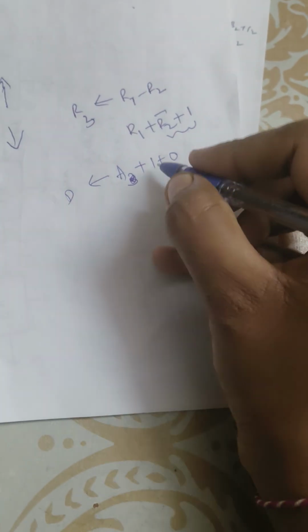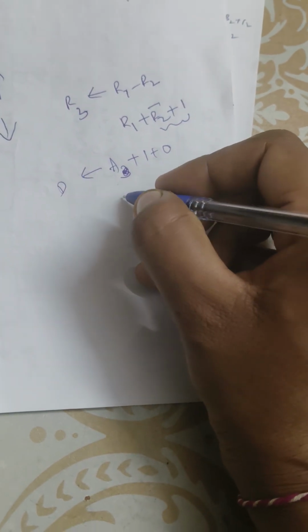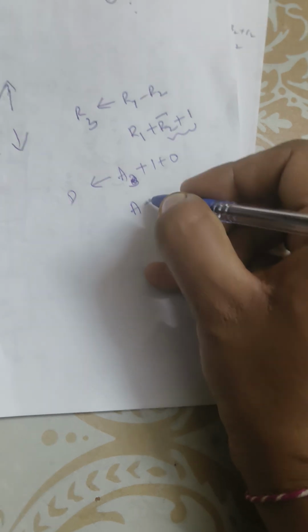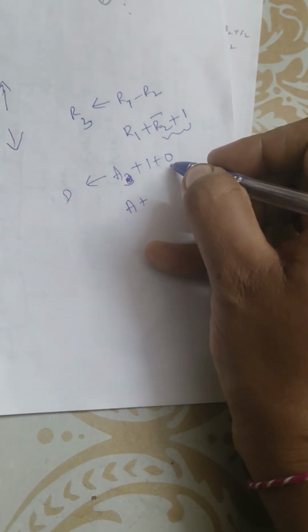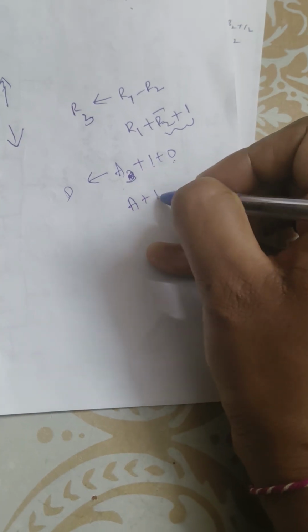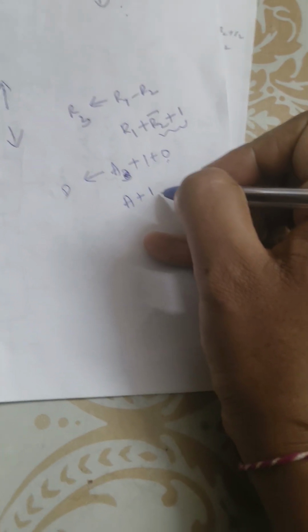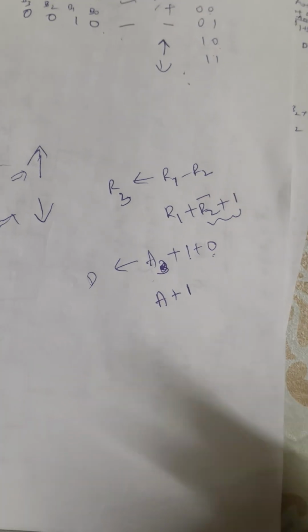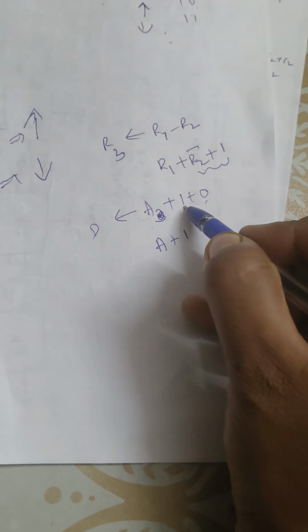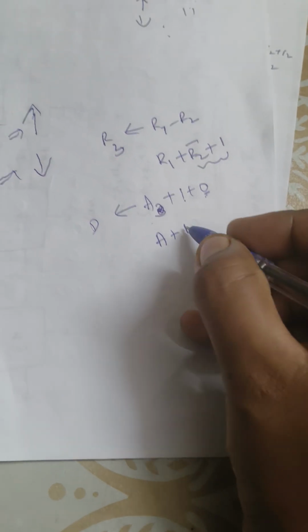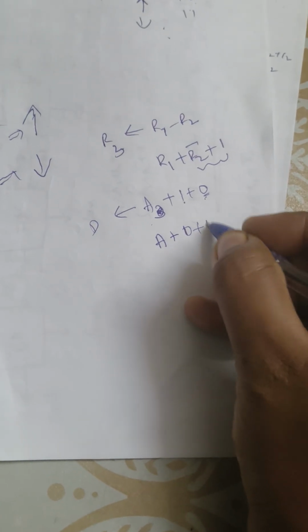Okay, so let us assume that it is register R1 information and here let us assume it is a 0 bit. So the 0 bit's complement is 1. Or let us assume it is a 1 bit of information. So here the 1's complement is 0 and 1 is added to it.